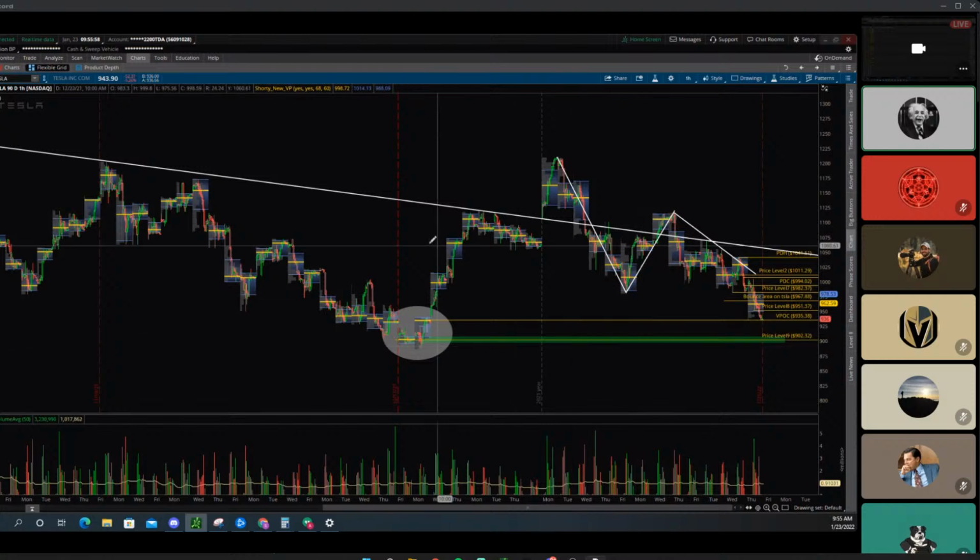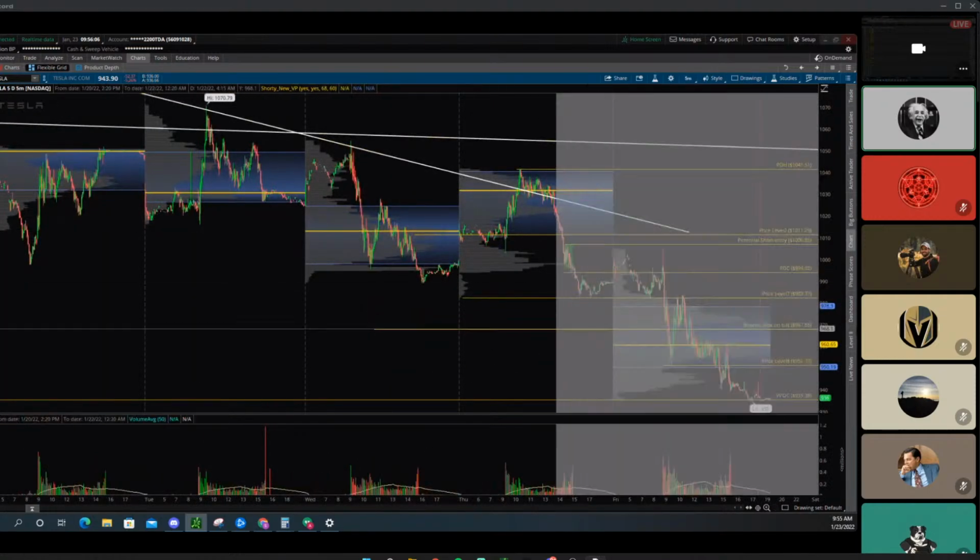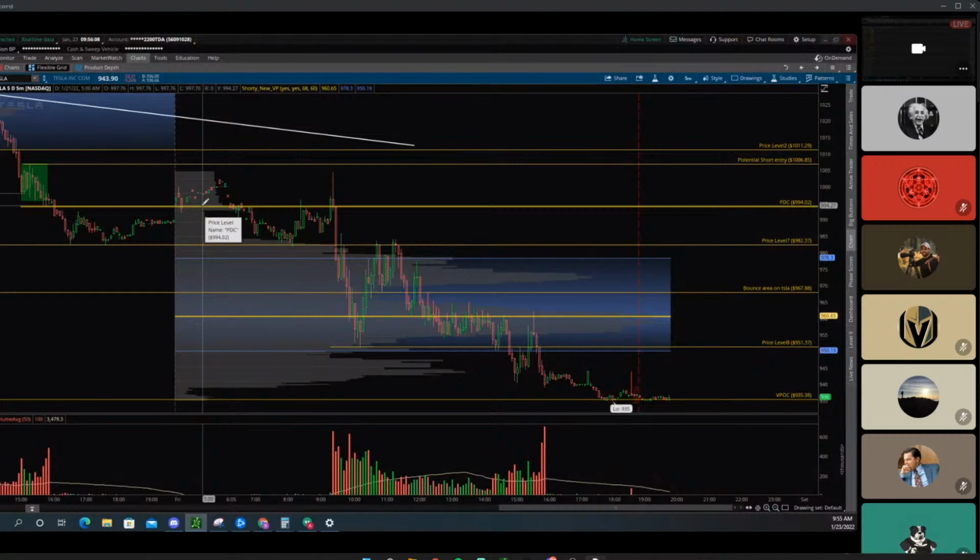Okay, so on the VPOCs, can you give an example of rule number 8 for volume profile? Yeah, sure, but I'll ask you first, what do you understand about it? Can anyone explain what rule number 8 is on the call?